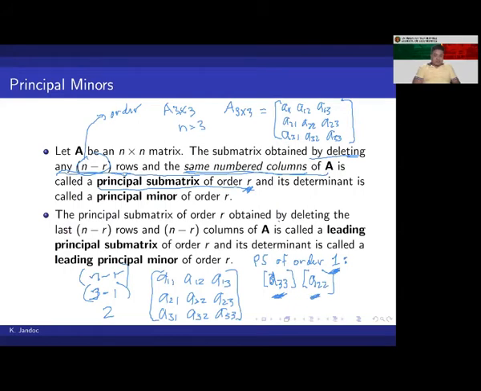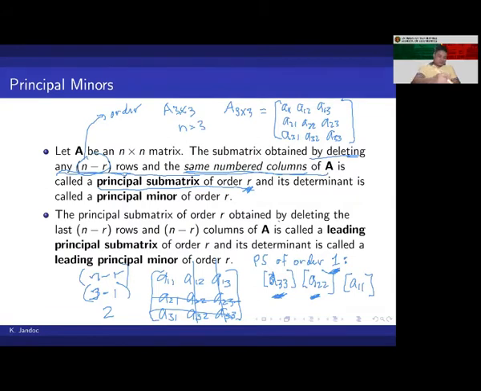When we got this A22, we deleted first row, third row, and first column, third column. Now, I guess you know what the next one is. You delete the second row and third row, and the same numbered second column and third column. So another principal submatrix of order 1 is A11. And those are the principal submatrices of order 1 of matrix A.